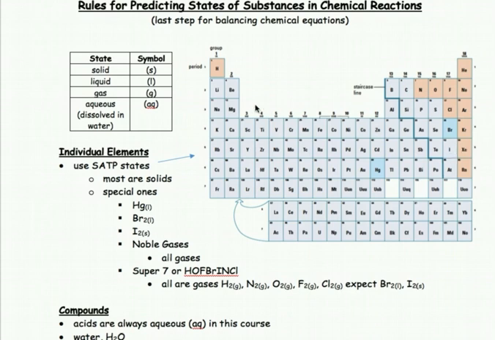You just have to get these memorized and practice them, and as you do lots of questions, you'll get them memorized. But for now, you know these two are not gases, and with the diatomics, they're all gases except these two.